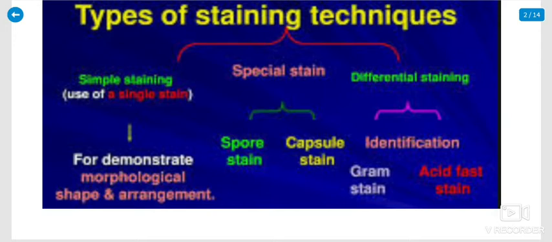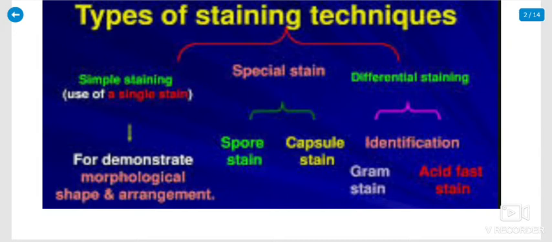Simple staining is to demonstrate morphological shape and arrangement, but differential staining is for identification, like gram positive, gram negative, and acid fast stain.